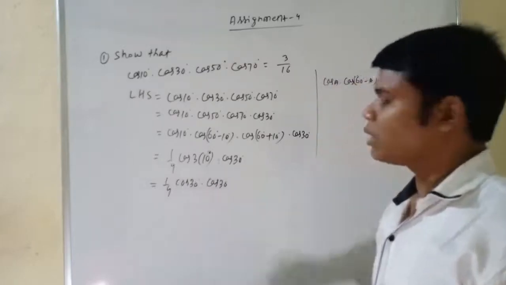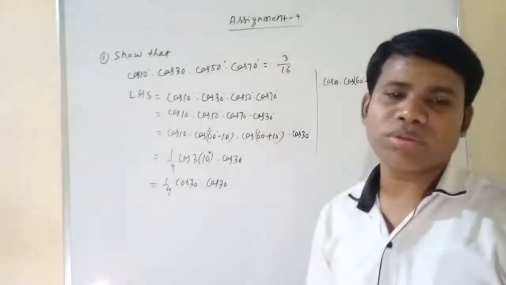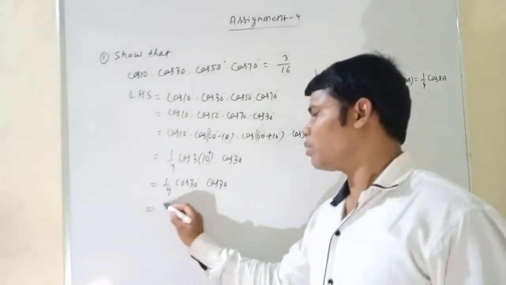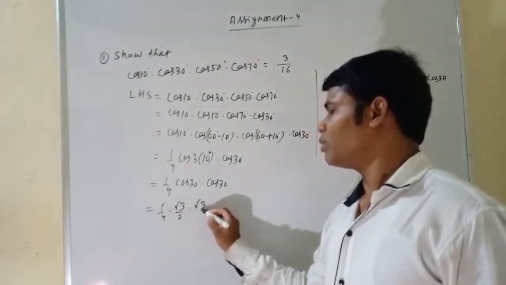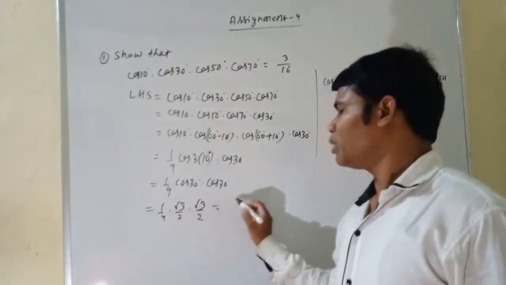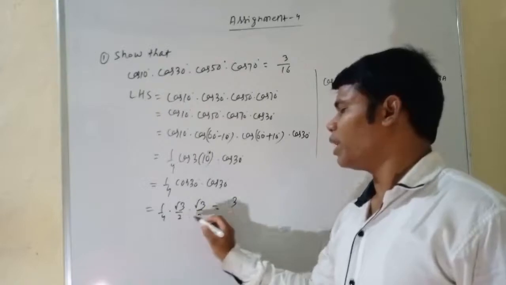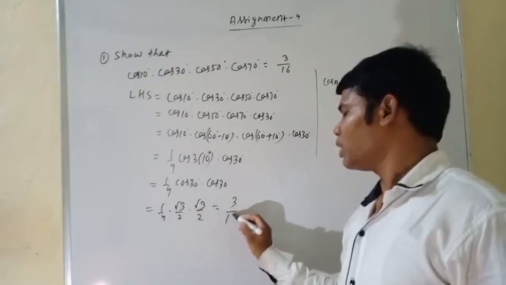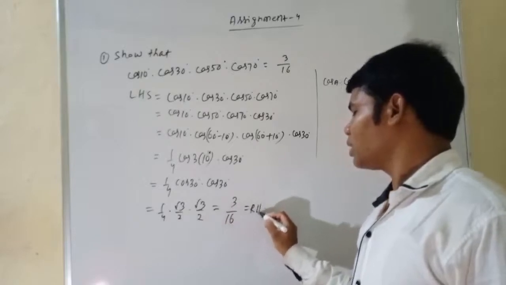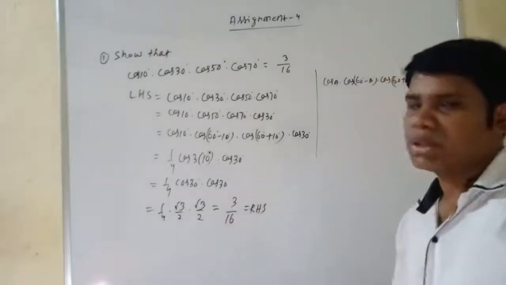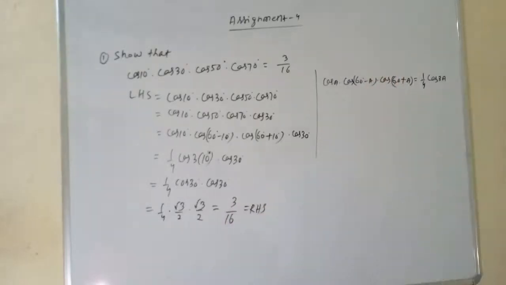You know the value of cos 30. Cos 30 is equal to root 3 by 2, so that is 1 by 4, root 3 by 2, again root 3 by 2. Root 3 into root 3 is 3, 4 into 2 is 8, 8 into 2 is 16. So it is equal to RHS. Pause the video, note it down.